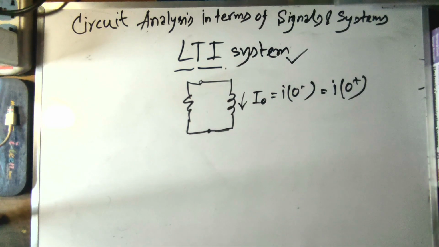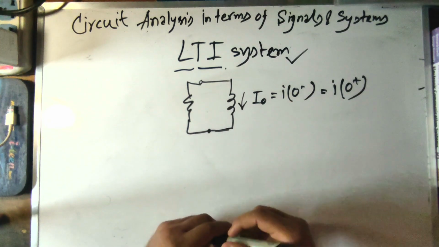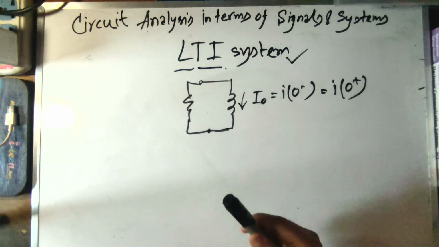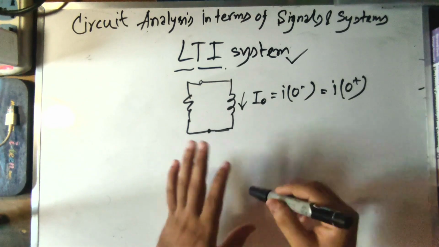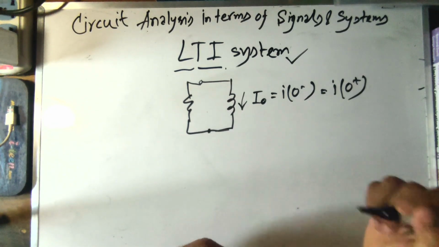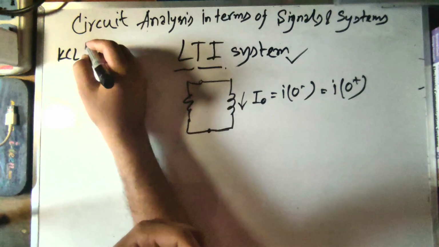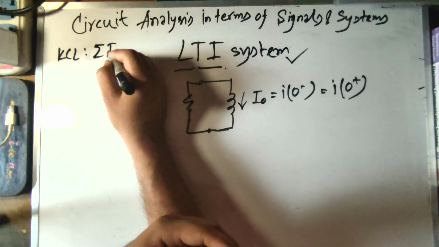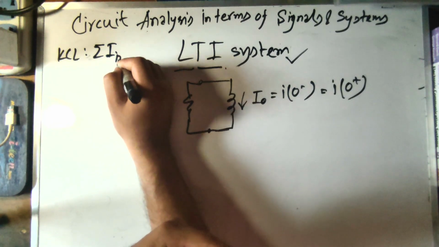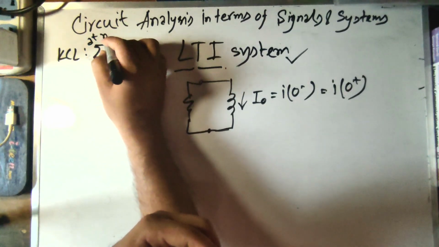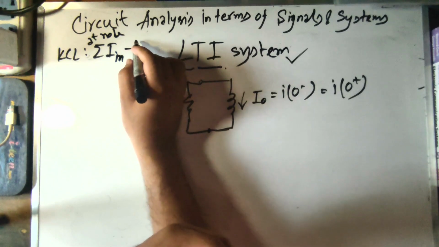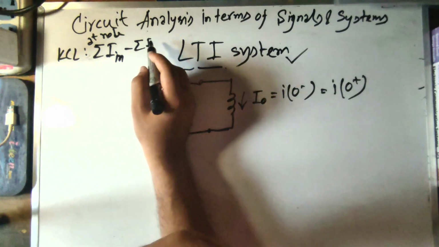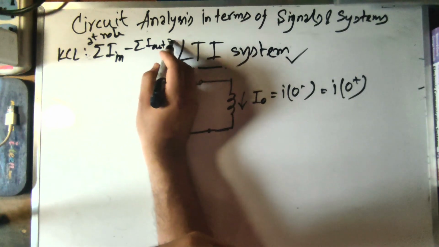So we will use the KCL law or KVL law. Either can be used. KCL states that the sum of current into the node minus the sum of current out of the node is 0.